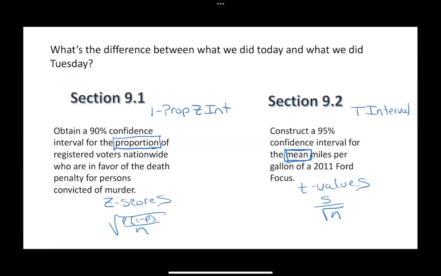And then you would use invNorm to get your Z-score, and you'd use invT to get your T value. And then n minus 1 degrees of freedom. Does that help? Yes. Okay, good. All right, I'll let you write all that down.